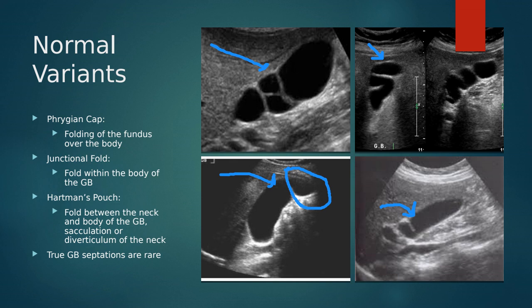You will never see connection between the segments of a gallbladder that has true septations. So it's rare, and chances are it's usually going to be some kind of other normal variant, but you do want to make sure that you're truly ruling it out because it can be a sign of something bigger going on.